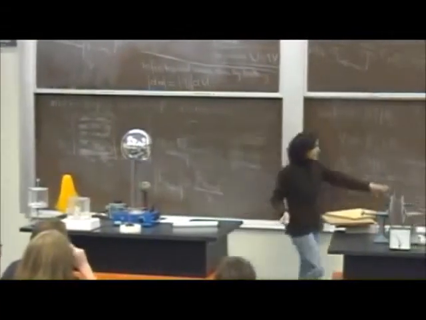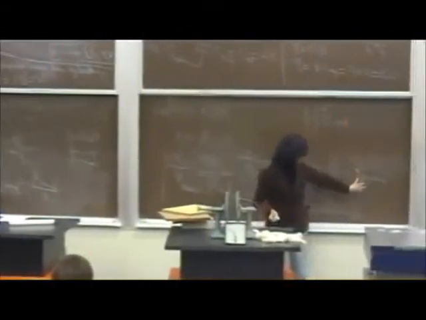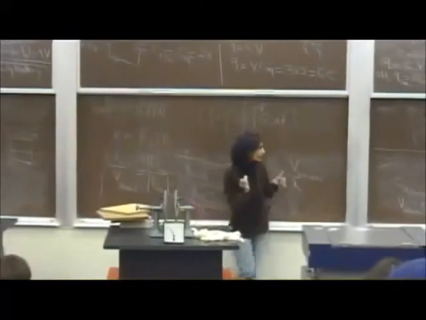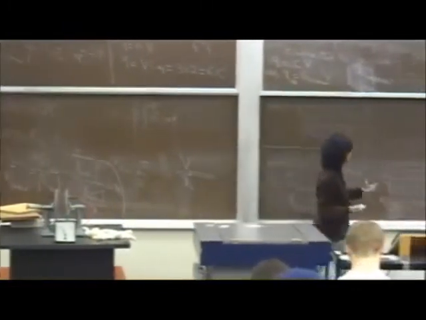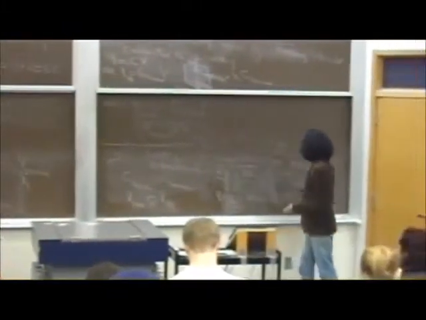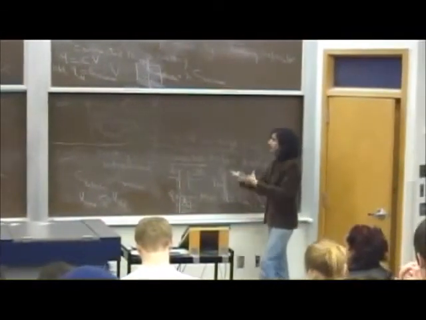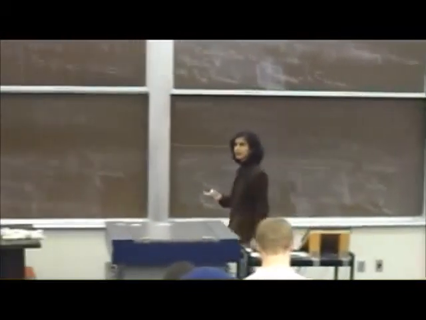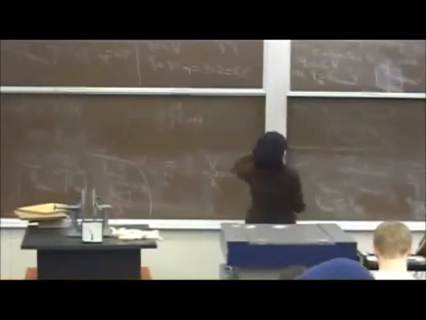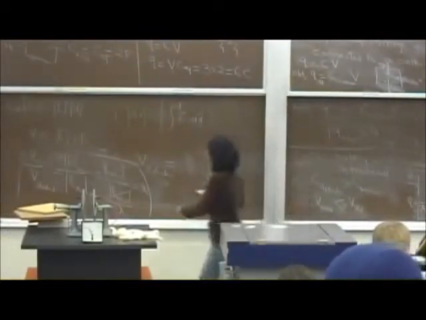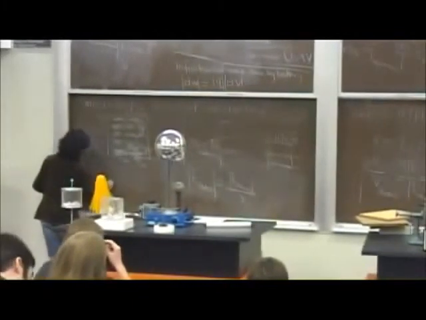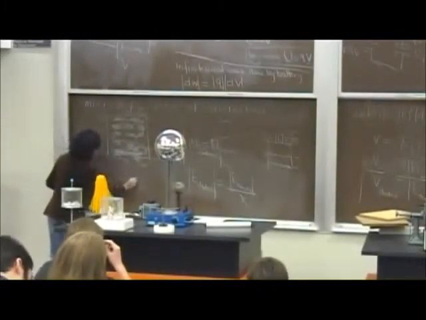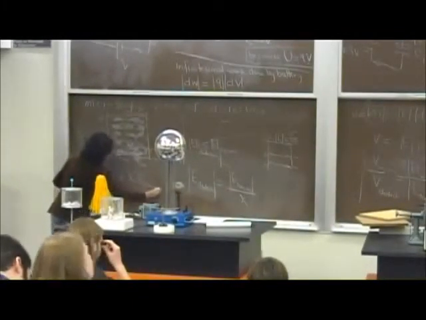The net potential difference with the dielectric is smaller by an amount kappa, and the capacitance now has gone up. The capacitance with the dielectric is more than the capacitance without it. Does that make sense? That's what we learned, that C dielectric is equal to kappa times C vacuum.